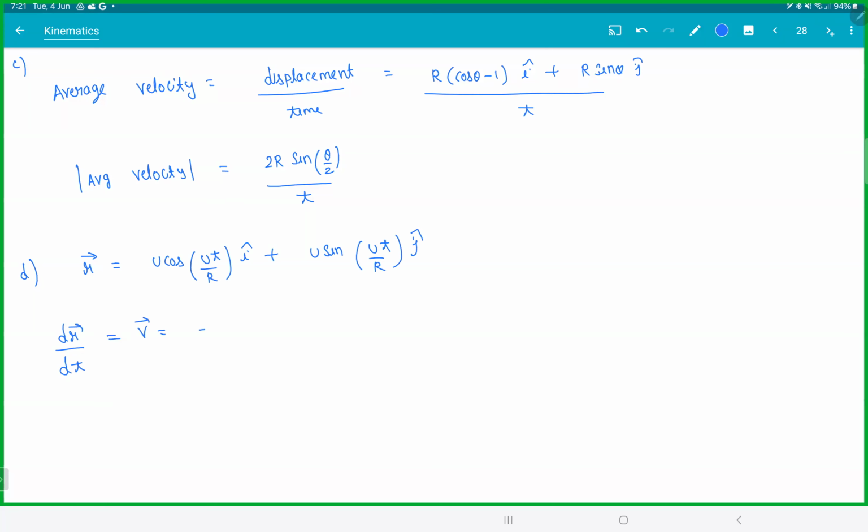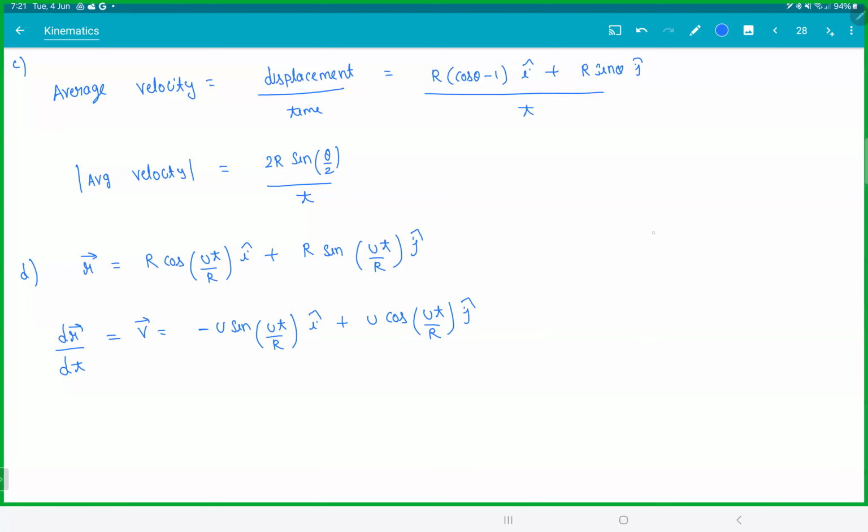So if you differentiate this, you end up with minus u, u by r comes out. Remember the chain rule, cos's differential is sine of ut by r, and then again u by r comes out. I'm writing it directly. You can check it out. If you're confused, please ask. This is plus u cos(ut by r) j cap. This is your velocity vector.